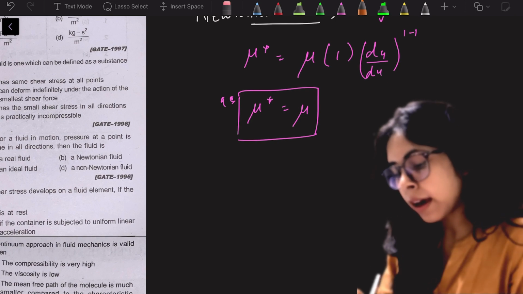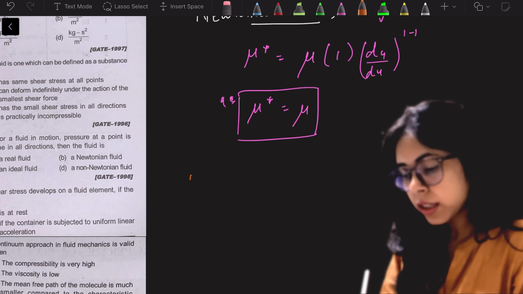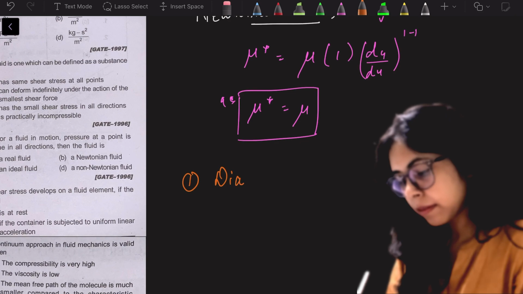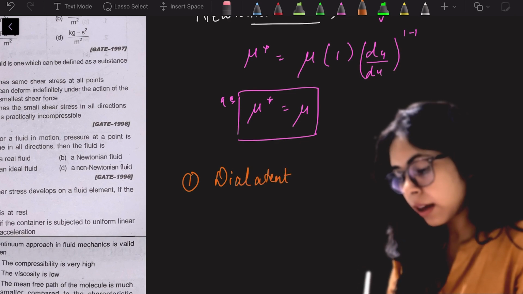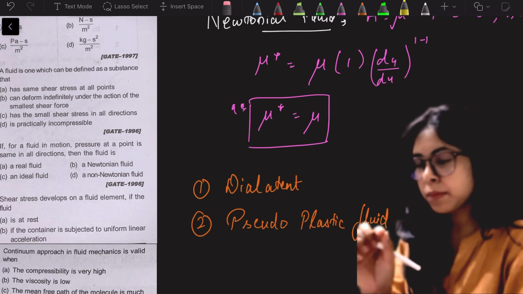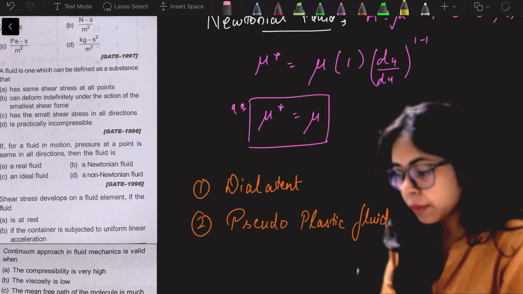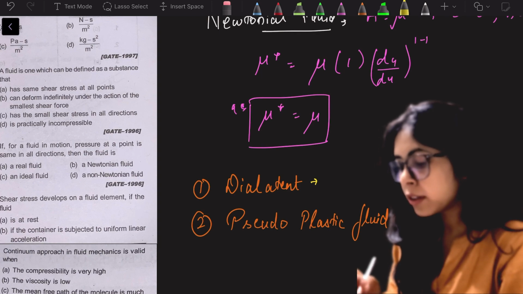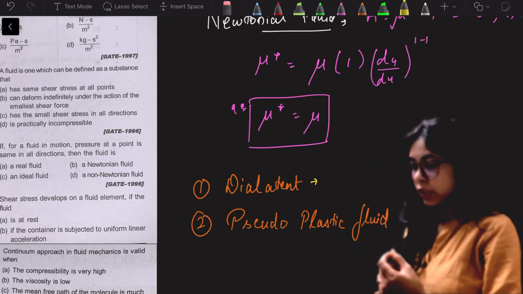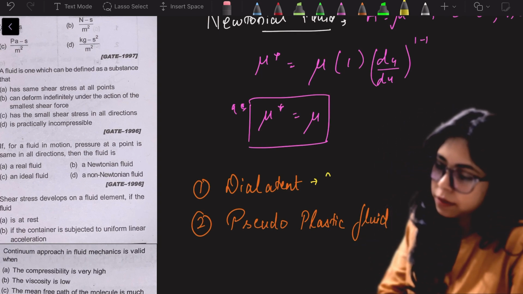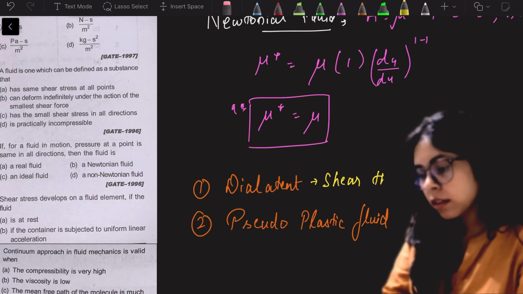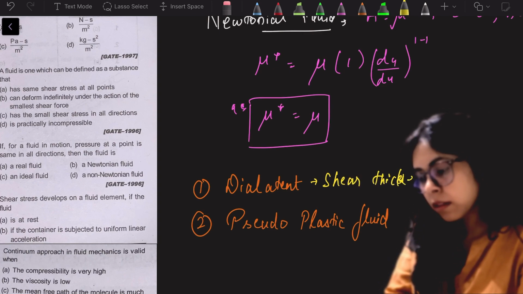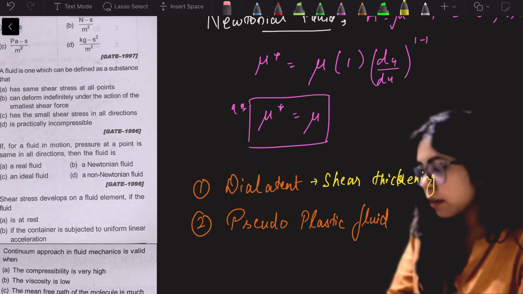First is dilatant fluid. Just I am telling you the key points to remember for the exam. Dilatant fluids are also known as shear thickening fluids. Why shear thickening?